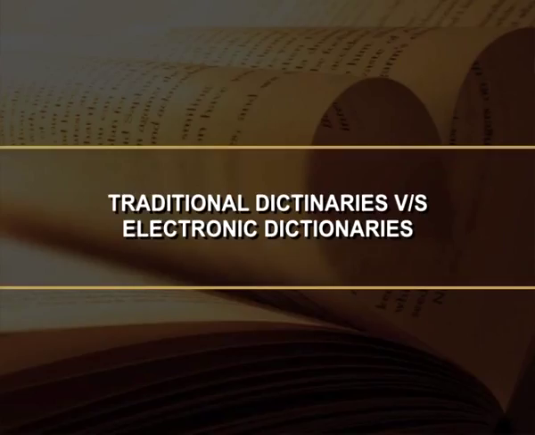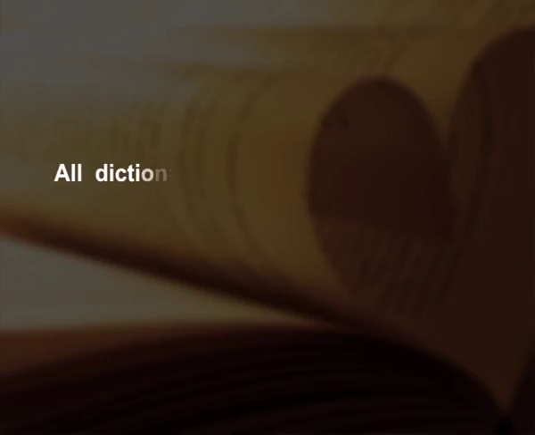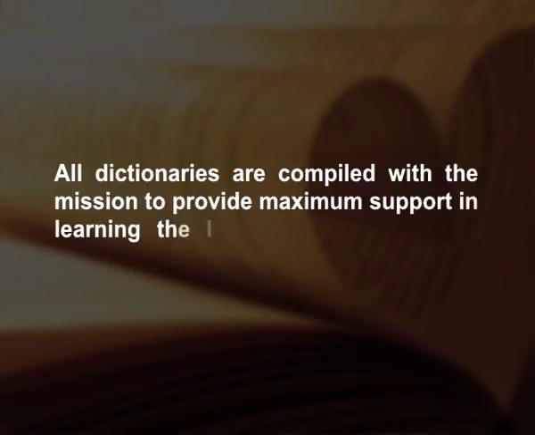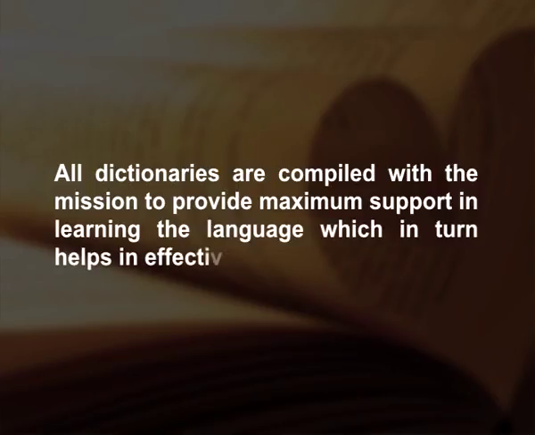Traditional dictionaries and electronic dictionaries. Language learning is intended to attain fluency in communication in the spoken and graphic form. There are various types of dictionaries like bilingual, monolingual, specialized, general, dictionaries for children as well as dictionaries for adults. All dictionaries are compiled with the mission to provide maximum support in learning the language, which in turn helps in effective communication.